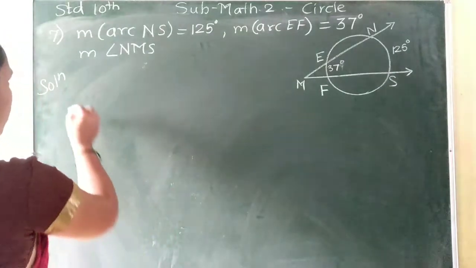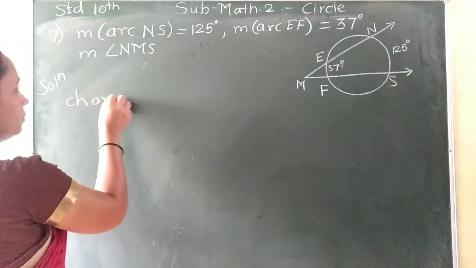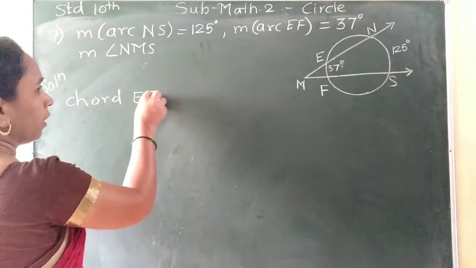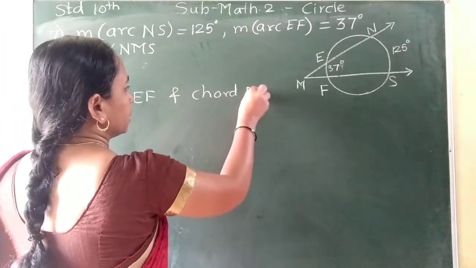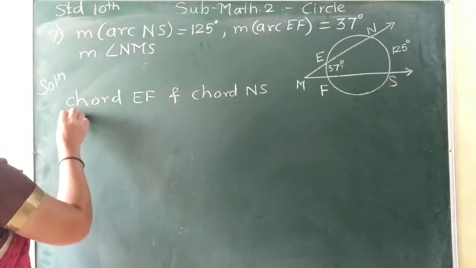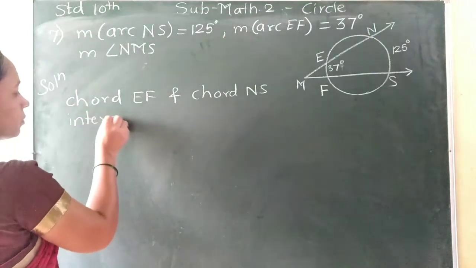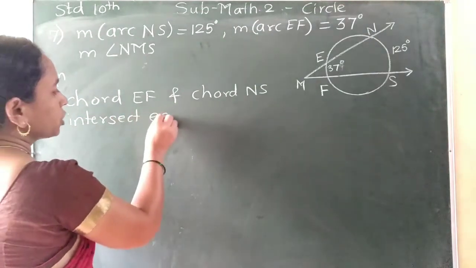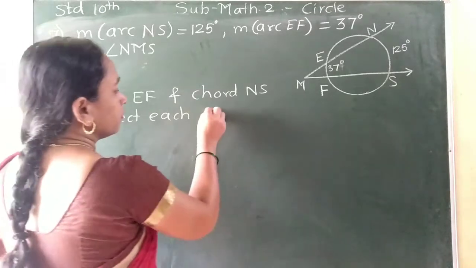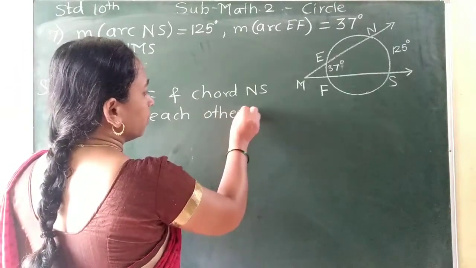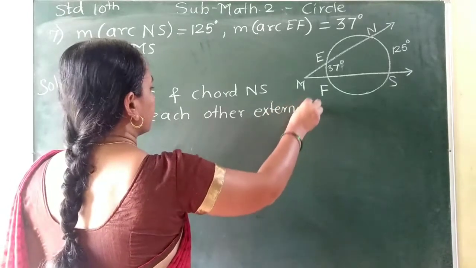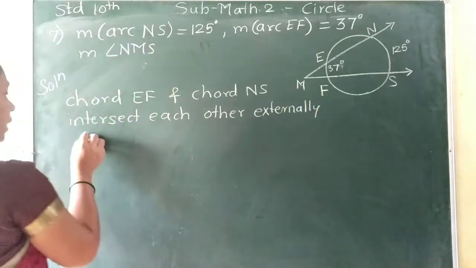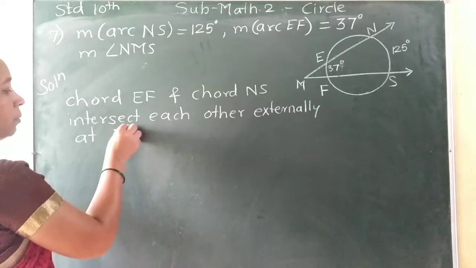So here we'll write: chord EF and chord NS intersect each other externally at point M.